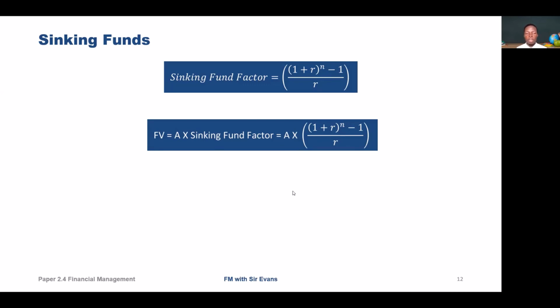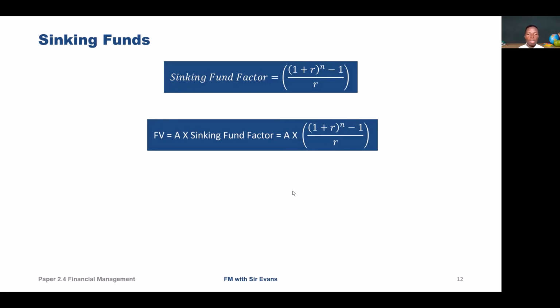So as I mentioned, the annuity factor comes in two forms. We have the discounting annuity factor, or the PV annuity factor, which is used to find the present value of the constant cash flow, and then the sinking fund factor, or the FV annuity factor, which is used to find the future value of constant cash flow. So for each question, we need to ask ourselves, are we looking for a future value annuity or a present value annuity?